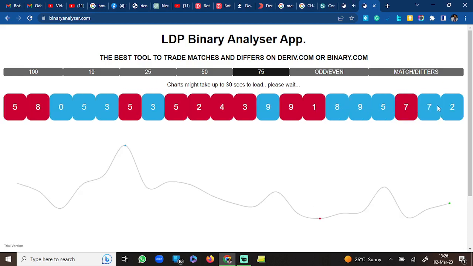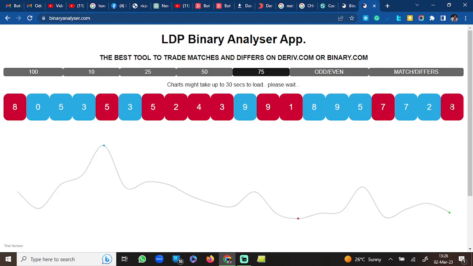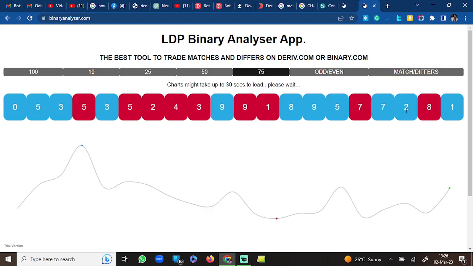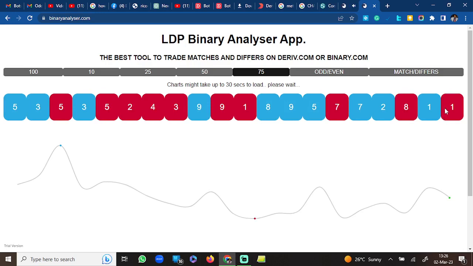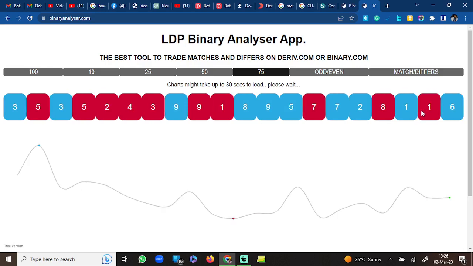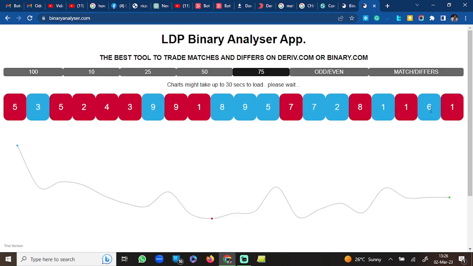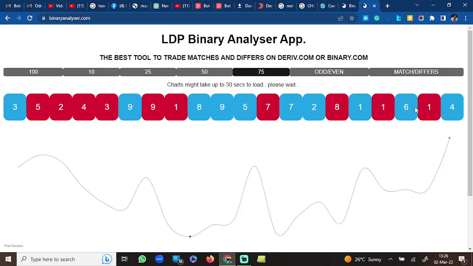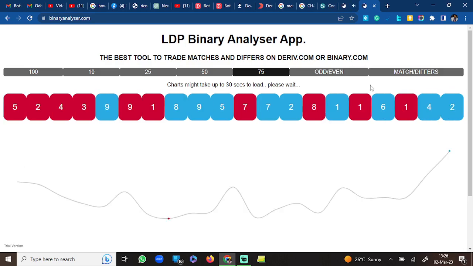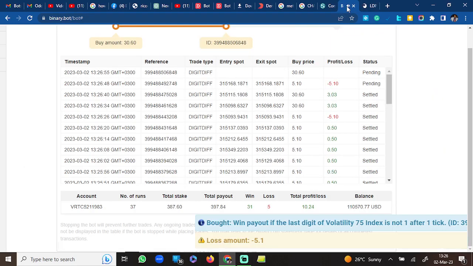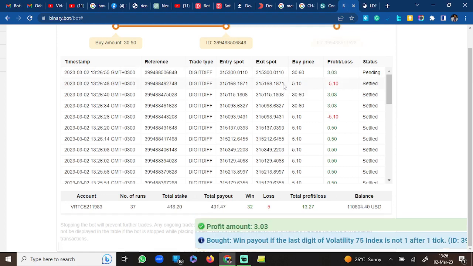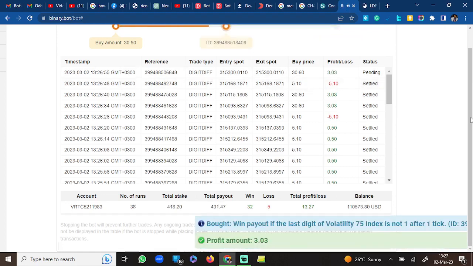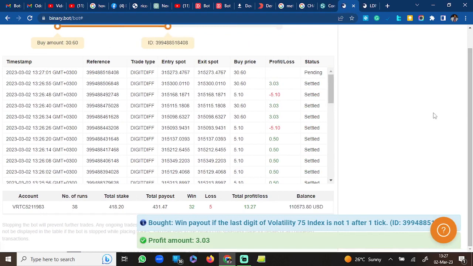That's a recovery, and there's a chance of recovering right now. This one we could lose again. Yeah, the chance of losing one is around right now. Yeah, you see we have lost, because there's one here. So it's very simple.